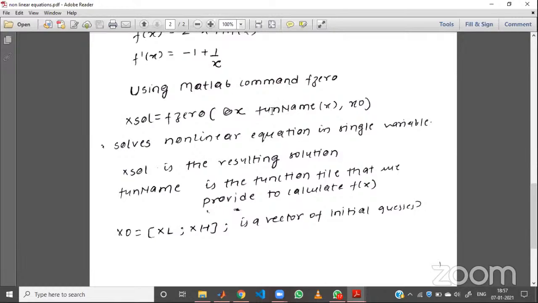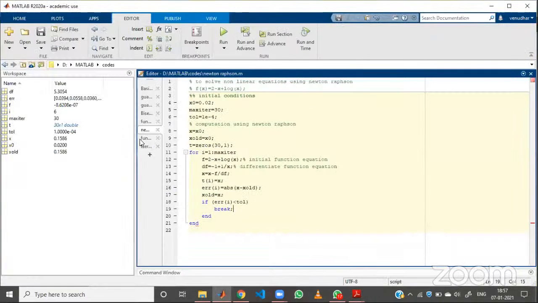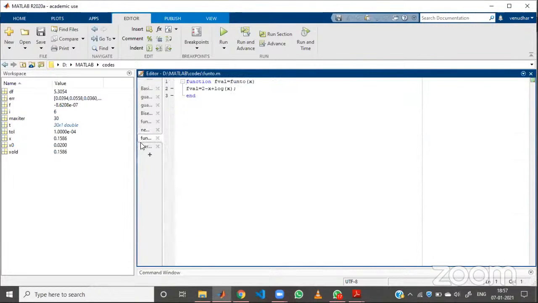So in MATLAB code, you have to write strictly according to this.